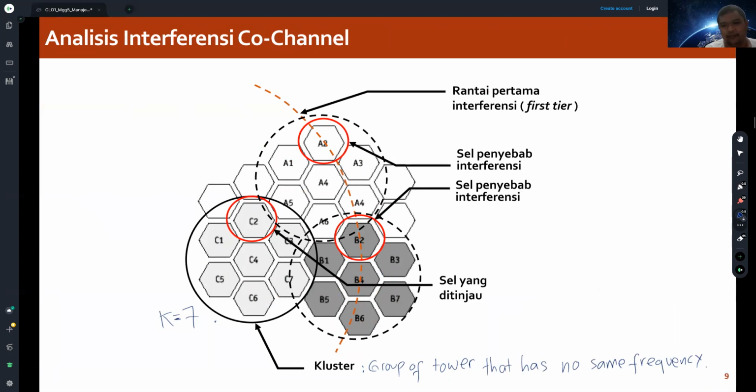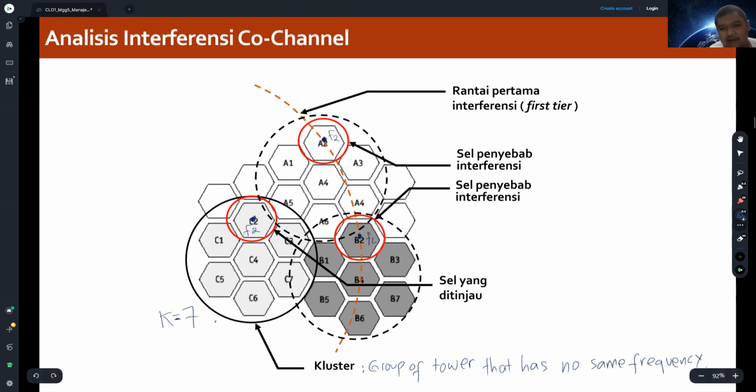Now, in this picture we can see that there is interference power, right, from here. So if this F2 over here is the observed cell, then the other F2 cells over here that have the same frequency will become interference towers, since they use the same frequency, F2.